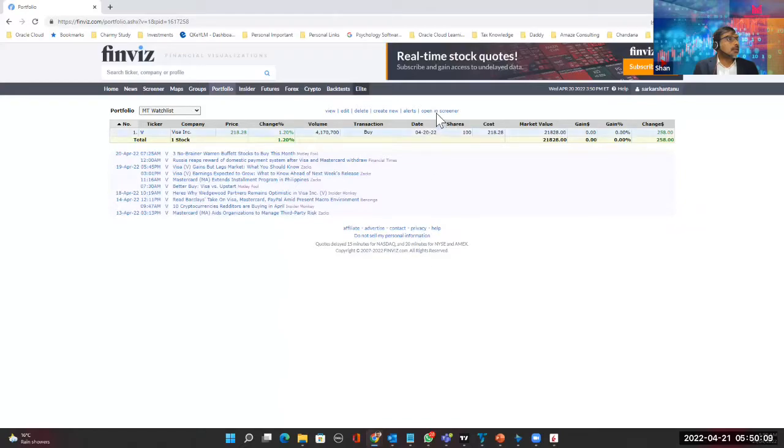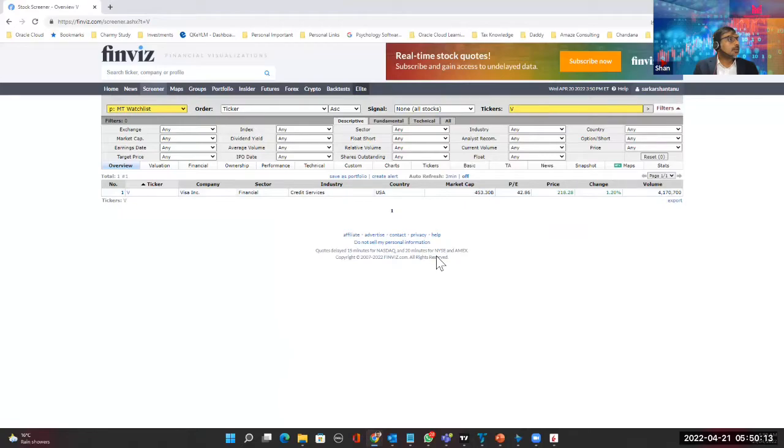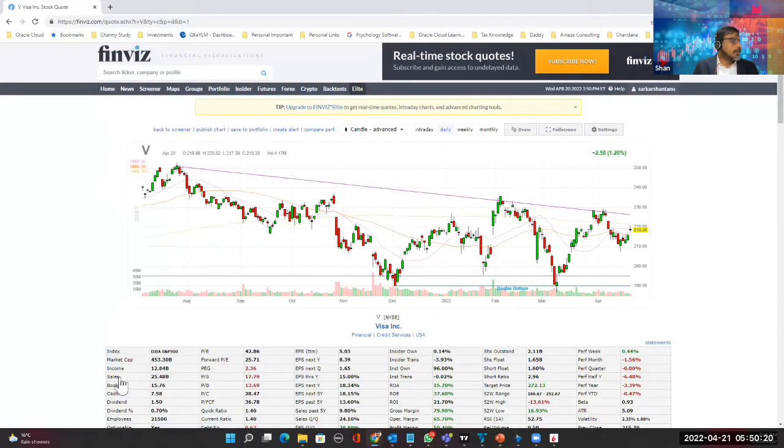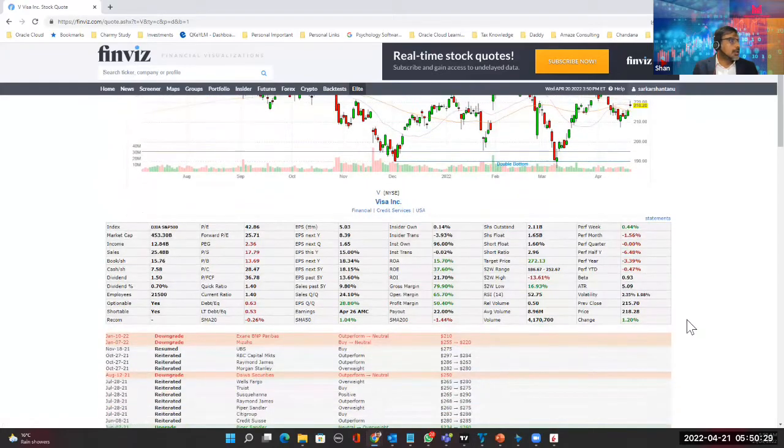And I will have a look at more details about it. If I click on that symbol, I can see all the fundamental details of this stock here, and I can see the chart. I can see other factors like the forward PE, earnings per share, and all that other factors. 52-week range.